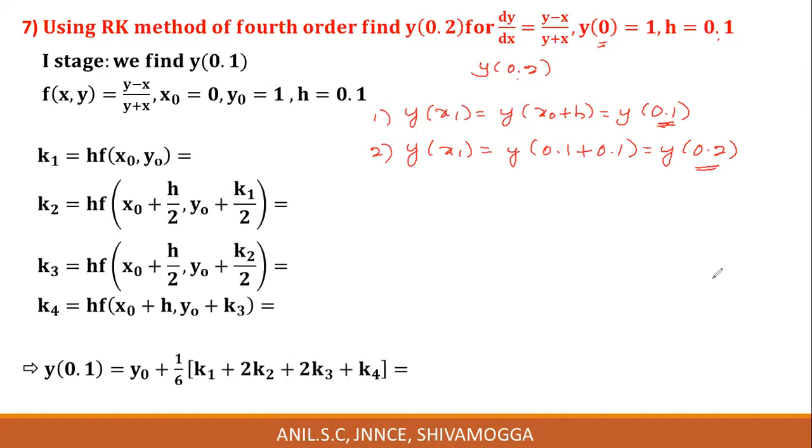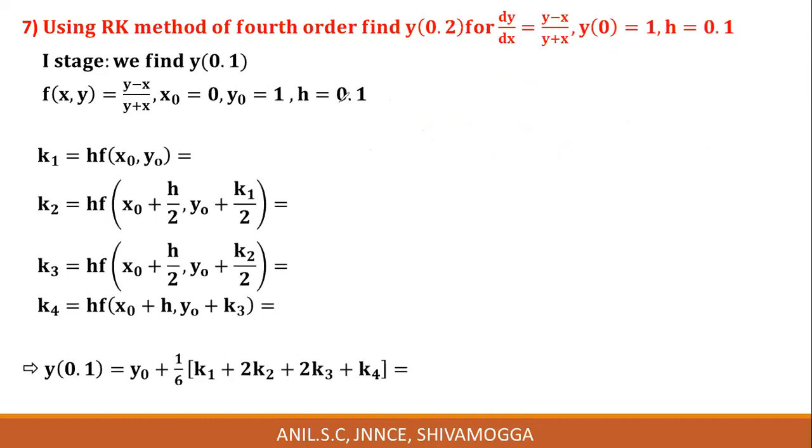Let's consider the first step, or first stage. Here we find y of x1, and x1 is x0 plus h. x0 is 0 plus h is 0.1. That is y of 0.1. That's what I have written here, y of 0.1.